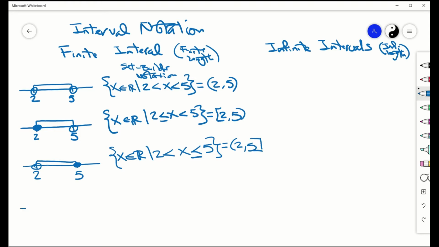All right, so the last case of a finite interval, notice, by the way, the length of each of these intervals is 3, right? So when we say finite, we're talking about that length, right? Now, if we were dealing with general numbers a and b, of course, the length would have been b minus a, right?